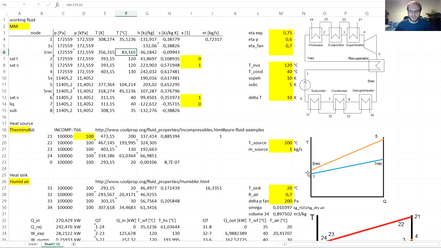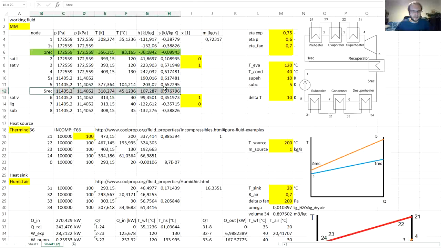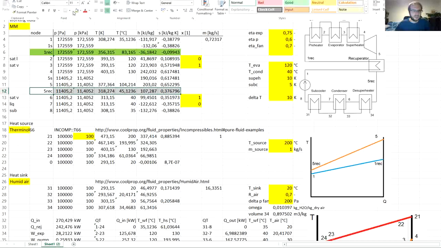So the assumptions of lower temperature difference at the low temperature side of the heat exchanger was valid. And just for the purposes of clarity, let's highlight the added nodes and parameters in our model.